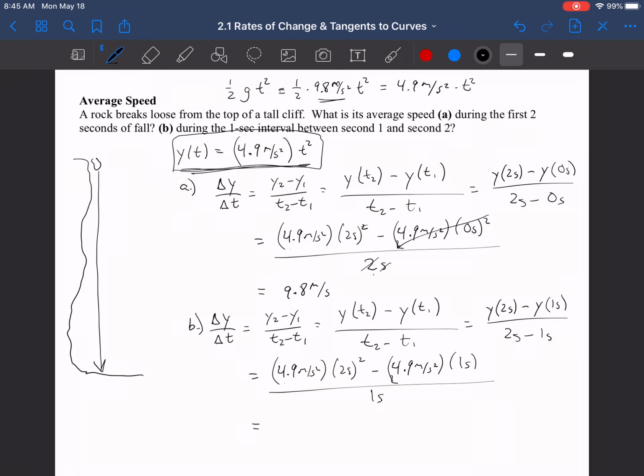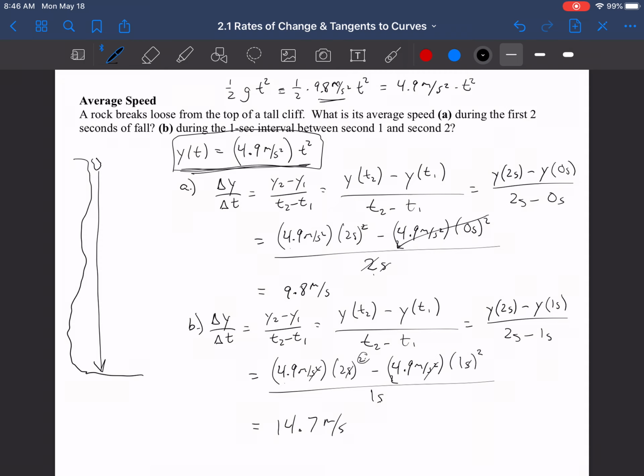And then we have 19.6 minus 4.9, and that ends up being 14.7. And then again, this was squared. We have a second squared canceling with a second squared, and the seconds cancel, and we have meters per second left.